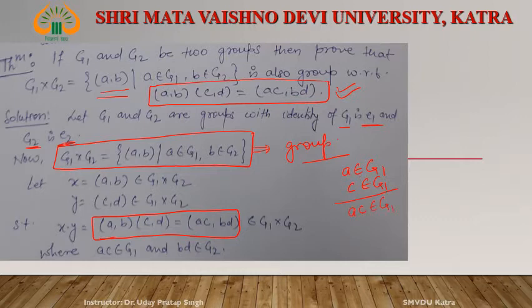Then AC belongs to G1 since G1 is a group, therefore it is closed. Similarly, B and D belong to G2, then BD belongs to G2, right? Therefore, the ordered pair (AC, BD) belongs to G1 cross G2, right?